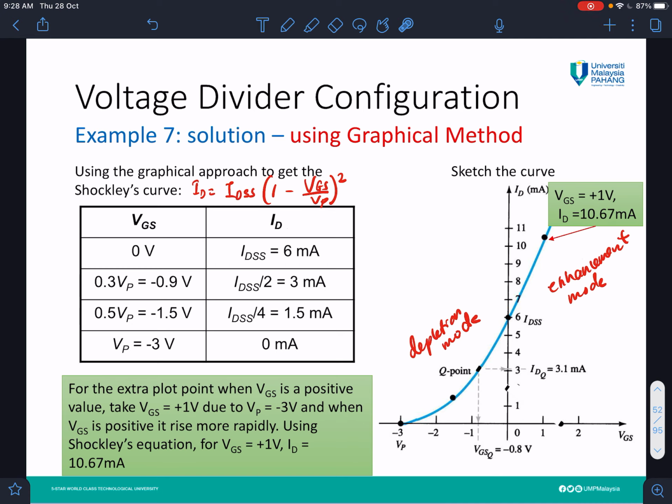So if you want to draw a transfer curve for a DMOSFET, you must get the current ID when VGS is positive. It shows that this is a DMOSFET that has ID more than IDSS.